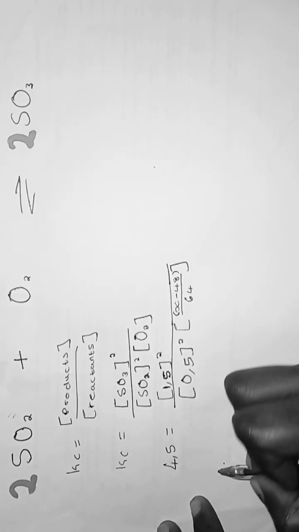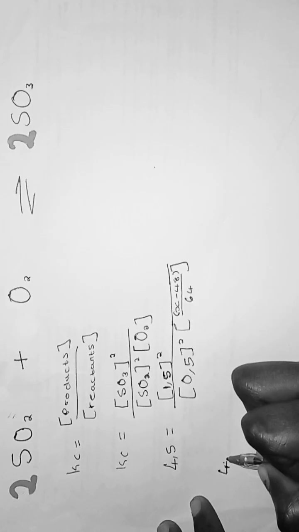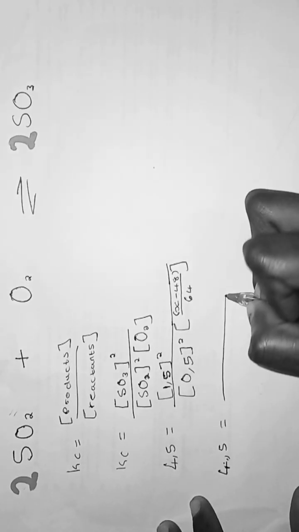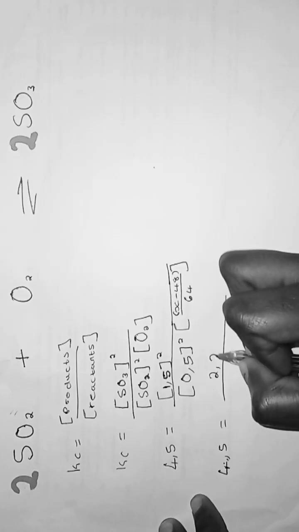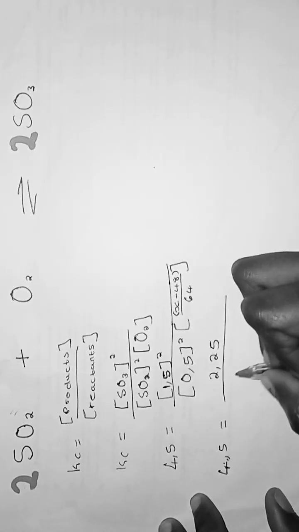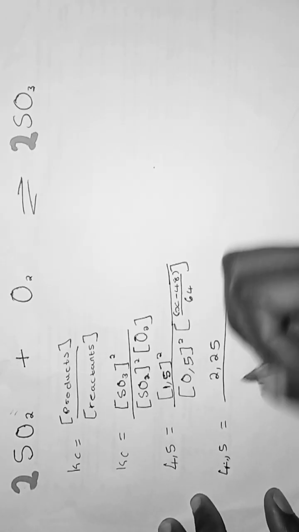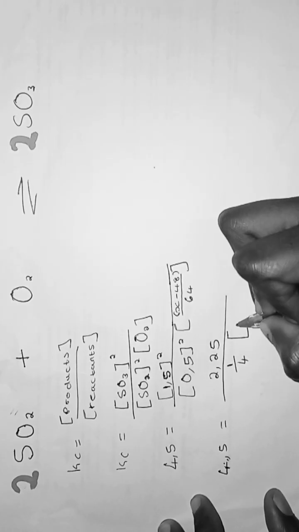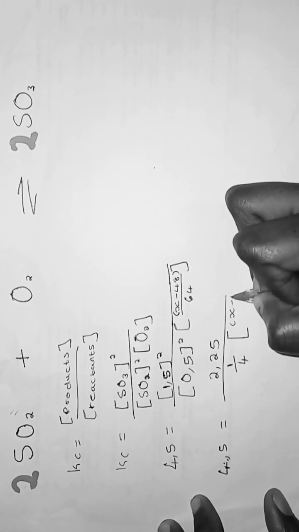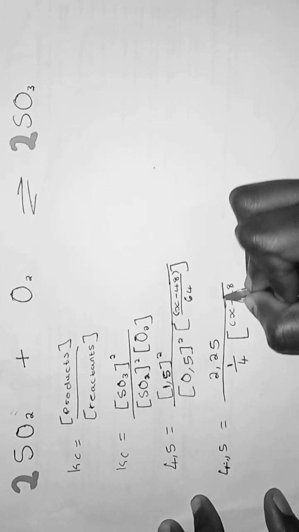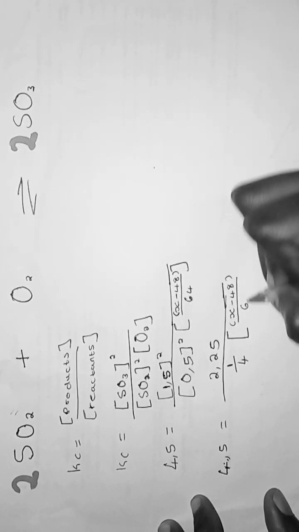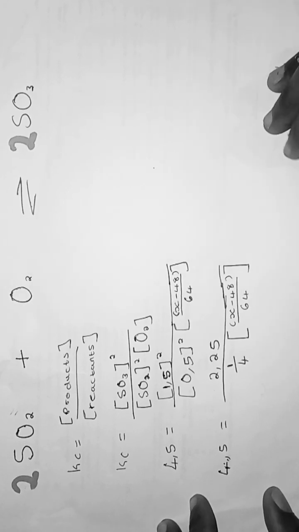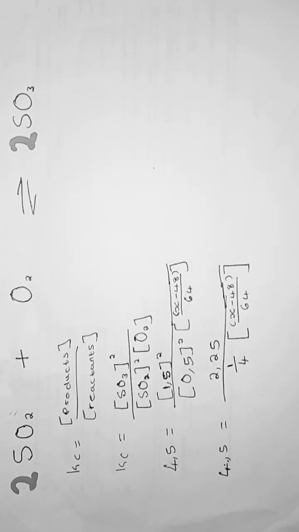So I'm going to say 4,5 is equal to 2,25, and then my 0,5 squared is equal to 1 over 4, and then my big square bracket with small x minus 48 over the square root of 64, all of that. I've done everything.